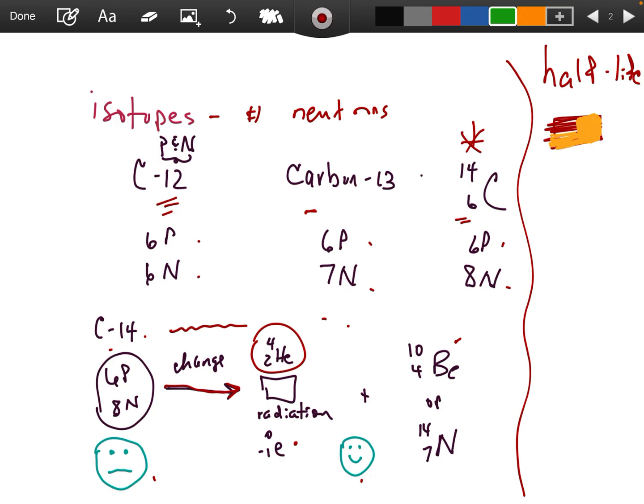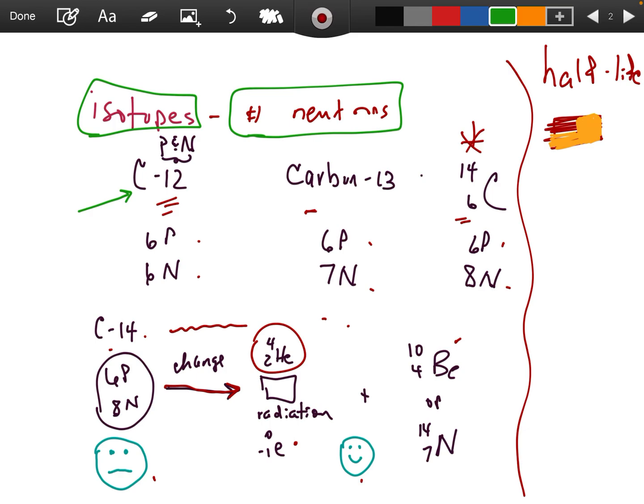Why do they emit particles from the nucleus? Well, there are different isotopes of an element. All elements have isotopes. Atoms that have a different number of neutrons, not different neutrons, different number of neutrons. So carbon has 3 isotopes. You could write the name of the isotope like that, that could be a 12, or like that.